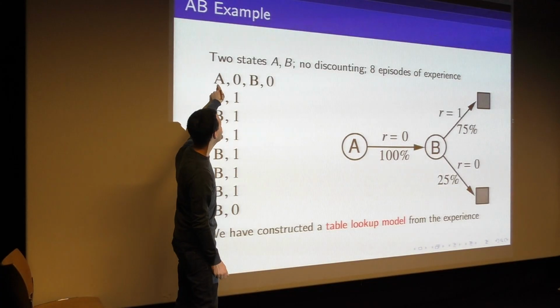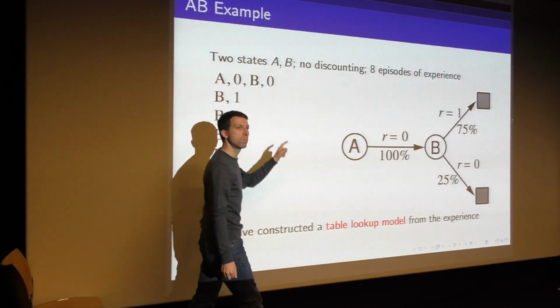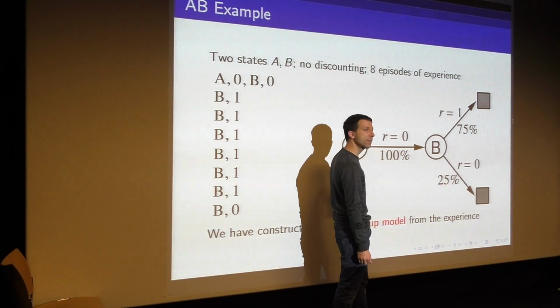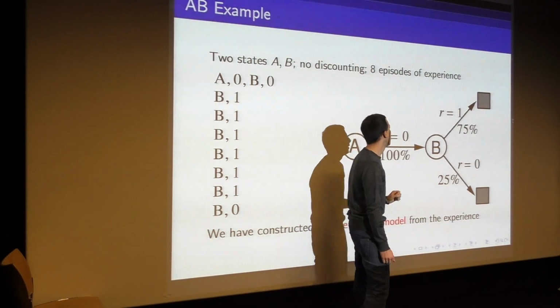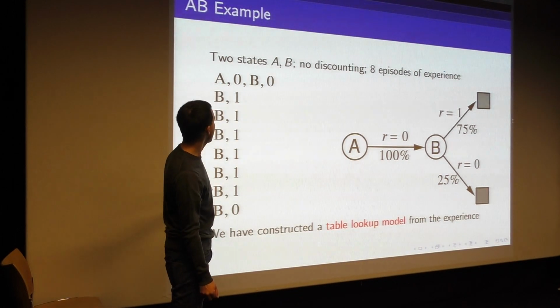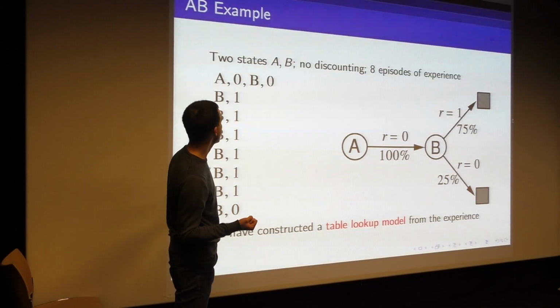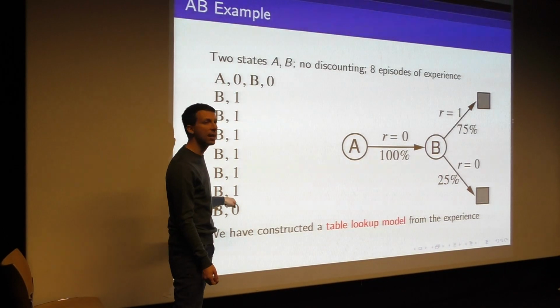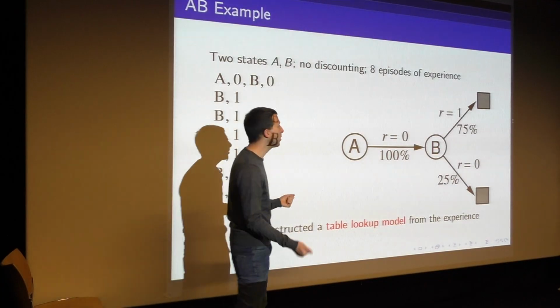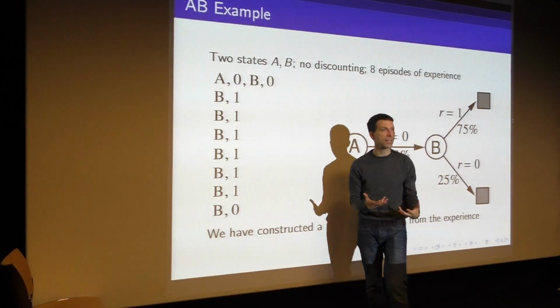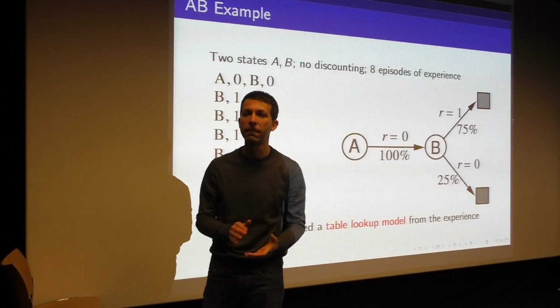Every time I was in A, I transitioned to B. So if I count those, I can say 100% of the time I transition from A to B. And I can count that from B, on 6 out of 8 of my occasions, I transition to the terminal state with a reward of 1. And on 2 out of 8 occasions, I transition to the terminal state with a reward of 0. That gives me these two arcs here. So it's just counting. That's all that's required to make a table lookup model.